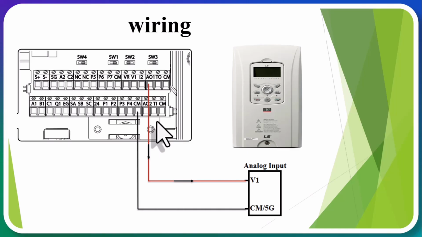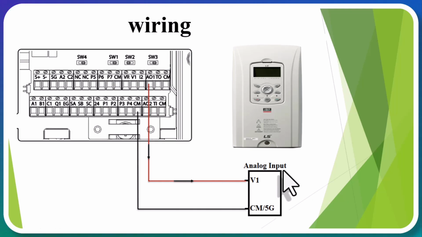Or for example, you have a display that only accepts up to 10 volts. Now, on this display, you've set it to show us the RPM or the frequency value of this inverter. You set the analog output of the inverter so that it gives you a value from 0 to 10 volts. That is, we configure its output to range from 0 to 10. Now you connect the AO and CM terminals to your display.